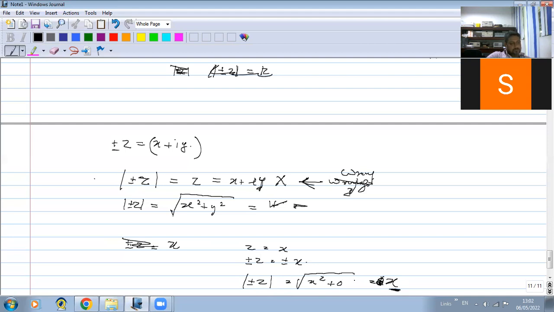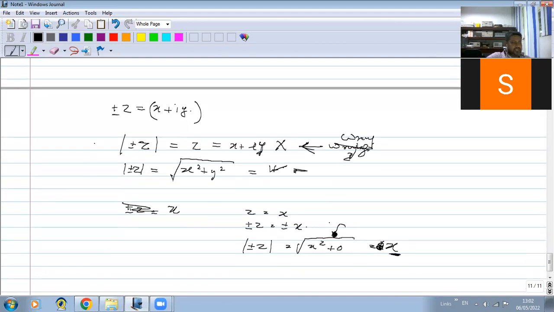But here also we have to calculate the magnitude. Magnitude means the value without considering the plus or minus. So I hope you get it. Did you get it? That is how I can explain this.